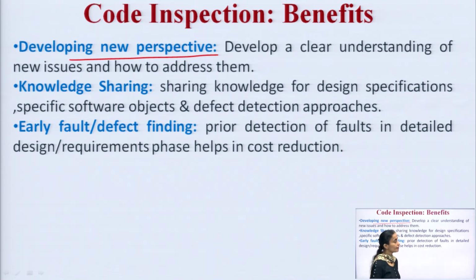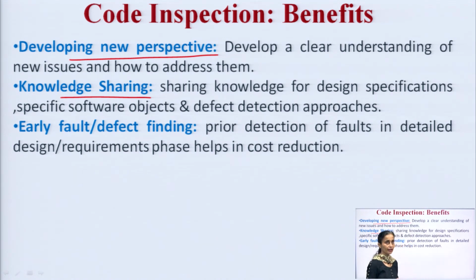Then the second benefit of doing this code inspection is knowledge sharing, that is, sharing the knowledge of all the design specifications, all the specific software objects that we are going to define, or what defect detection approaches we will be using.